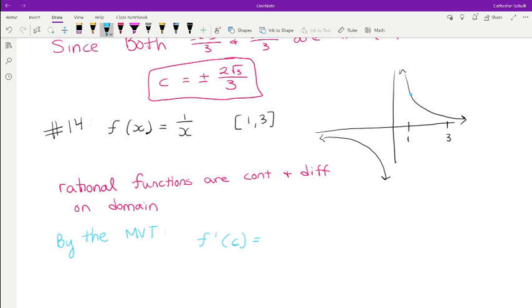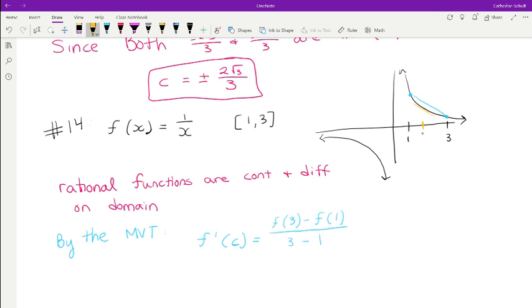You can kind of sketch it out right here, 1 to 3. The slope of that line is the difference of y's over the difference of x's. And what the mean value theorem is saying is that there is a C somewhere between these points where the slope of this tangent line is the same, or the derivative is the same.